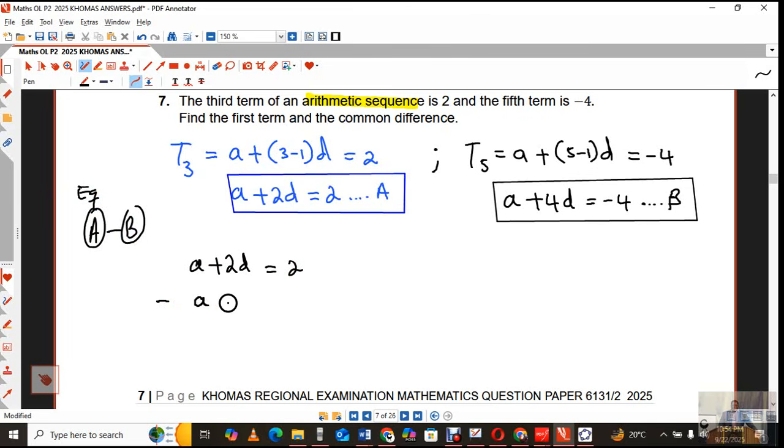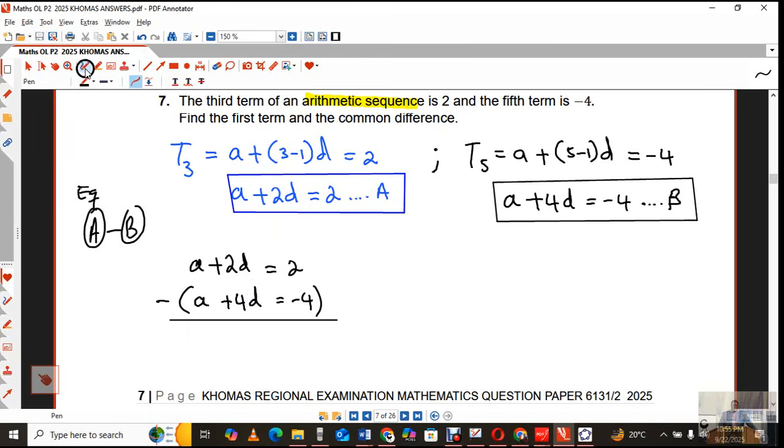Take away A plus 4D equals negative 4. Let's go ahead and put that in brackets, okay? Let's just keep on making sure that we save. This is going to be quite a long video, okay?